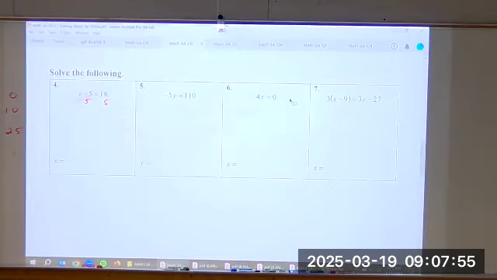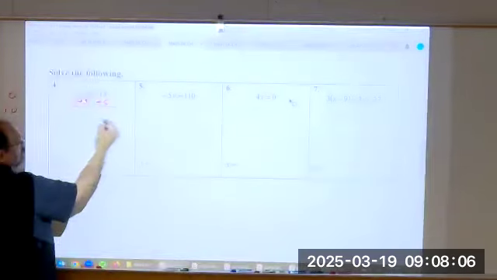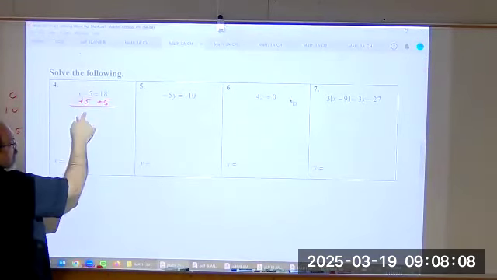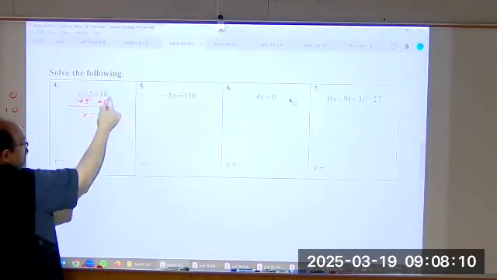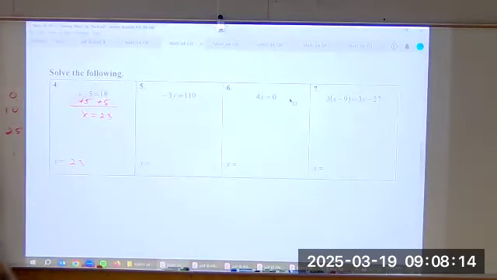Don't know. Unless you put an operation. So if you're going to add 5 to both sides, you got to show that work. X minus 5 plus 5 just gives us X. 18 plus 5 is 23. Put your answer bottom of the box.